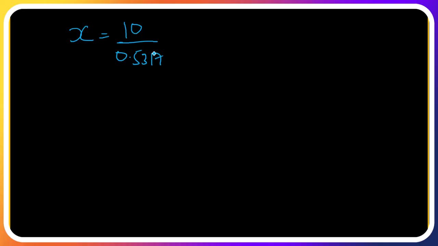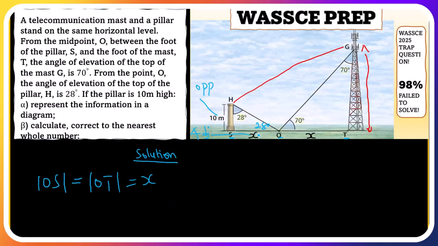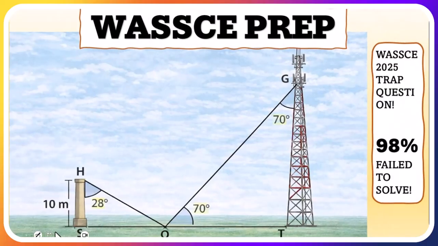So X is equal to 18.8076 meters. The same length applies to OT, since OS equals OT.